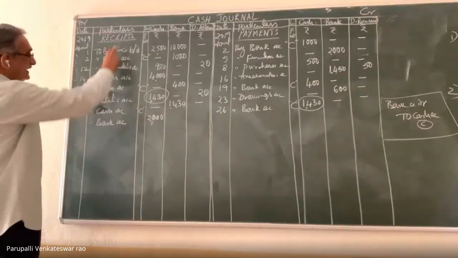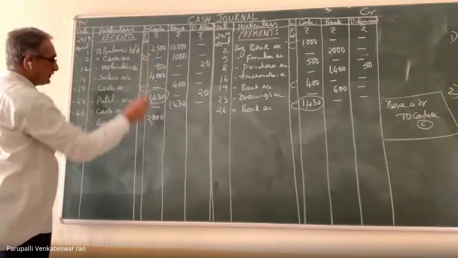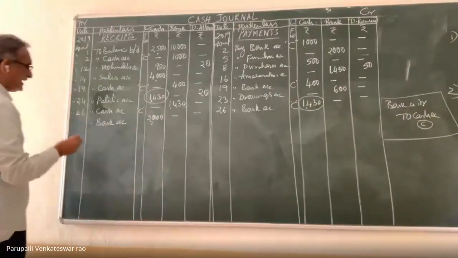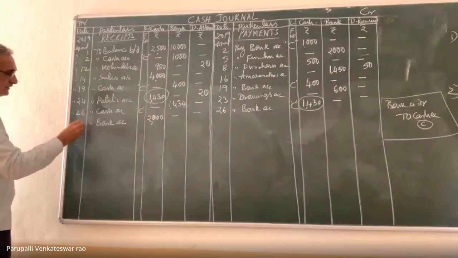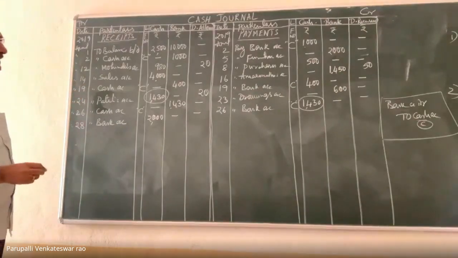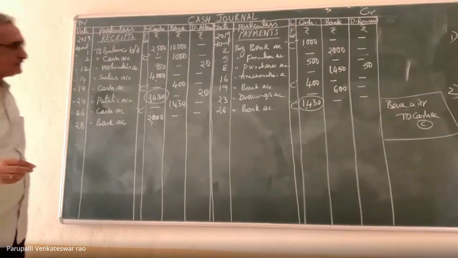Received from bank cash rupees 2000, in the bank and discount columns, dated 28th. Who gave the money? Bank account debited or credited? Bank account credited.